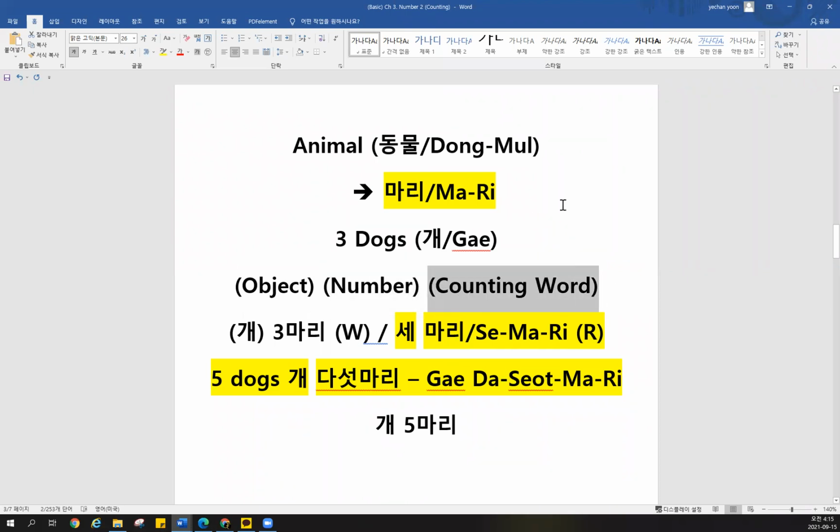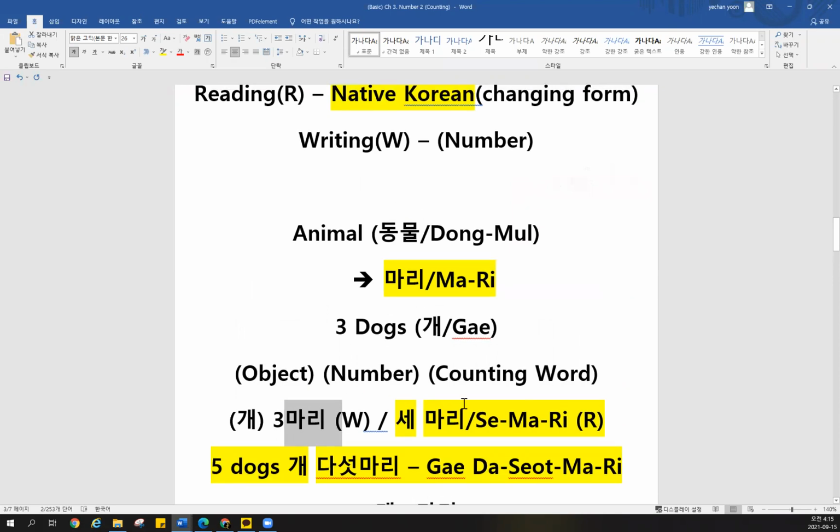So let's say 3 dogs, then what is it going to be? This one is going to pop up first, right? And then number 3 and the counting word 마리. So 개 3 마리. But as I told you before, reading is going to be native Korean with the changing form, right?